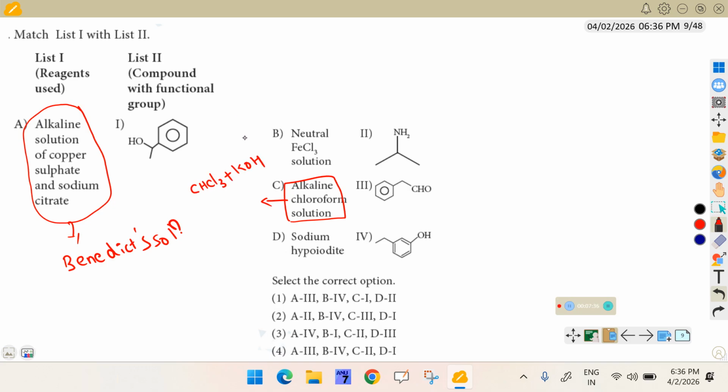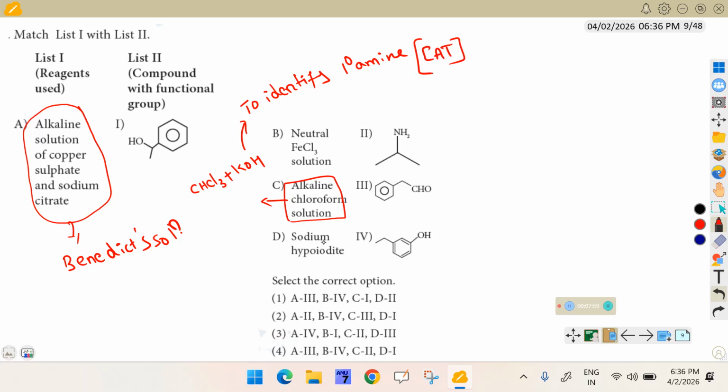CHCl3 plus KOH is used to identify primary amines: carbylamine test, CAT.